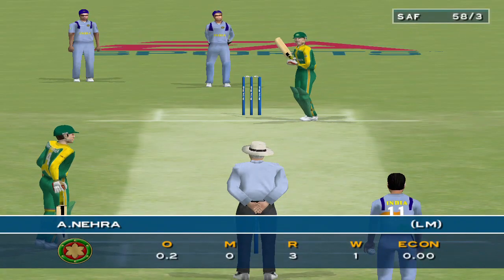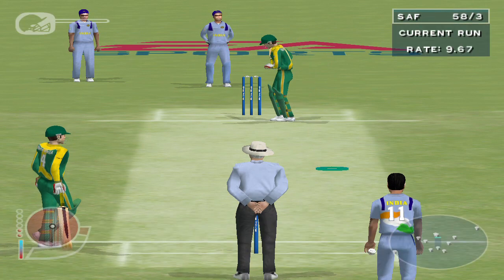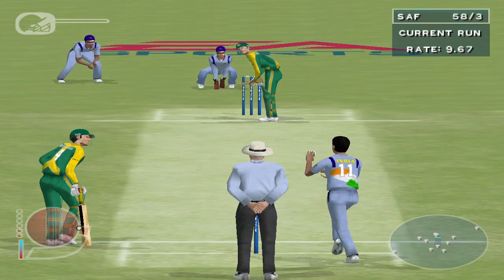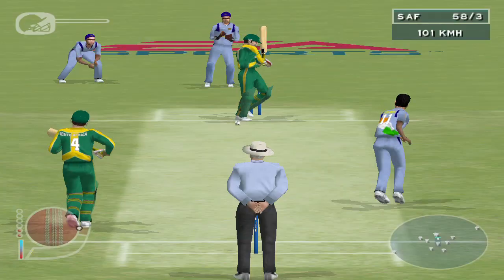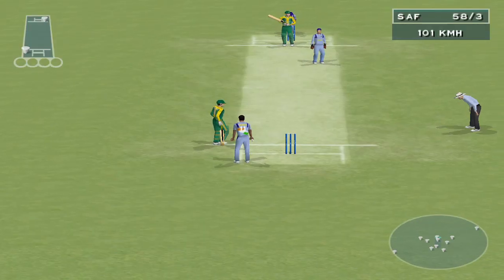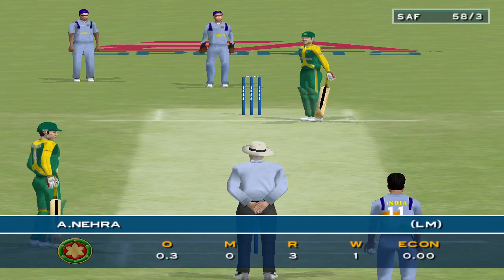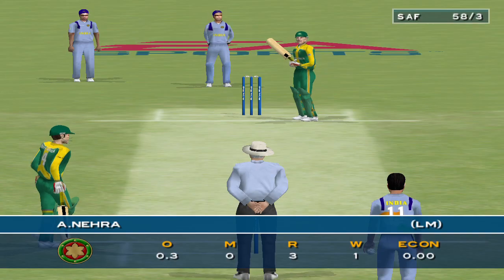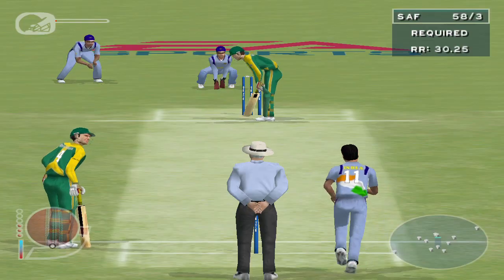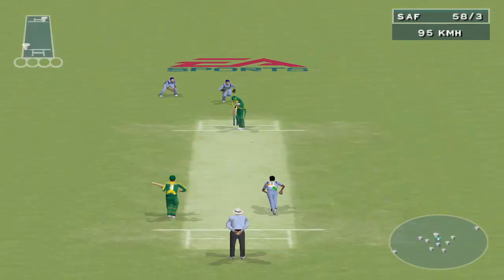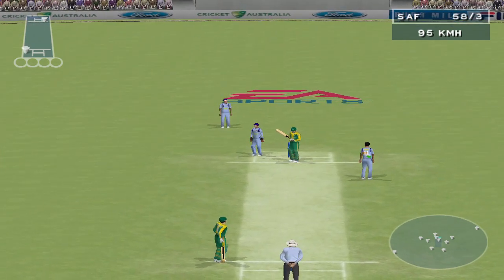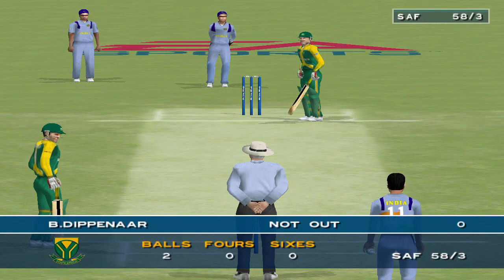Nehra to bowl to Dippenaar. Dippenaar facing.